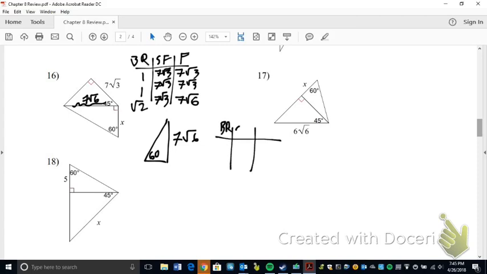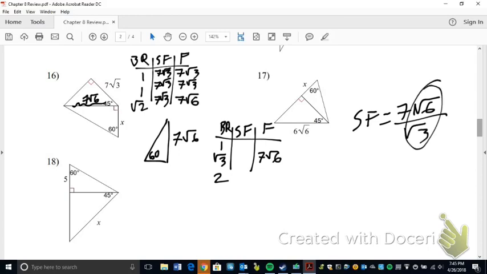So we're going to set up our chart again. We're going to go base ratio times the scale factor. 1, radical 3, 2. And then we have 7 radical 6 as our final leg. So when we set that up, we know our scale factor equals final length divided by base ratio, and we get 7 radical 6 over the square root of 3.